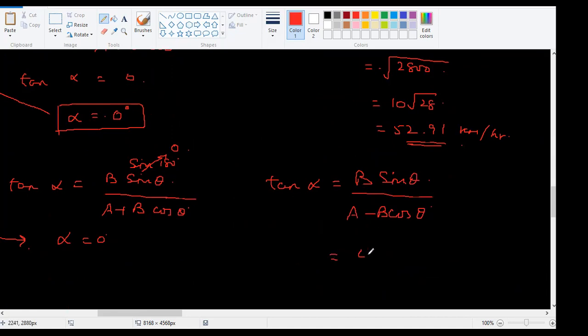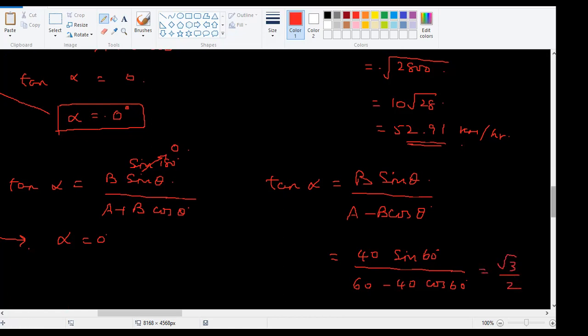So B is 40 kilometers per hour. Sine 60 is root 3 by 2, divided by A is 60 minus B is 40 cos 60. Cos 60 is 1 by 2, so this will become 20. 60 minus 20 will become 40. 40 will cancel. So sine 60 will become root 3 by 2.